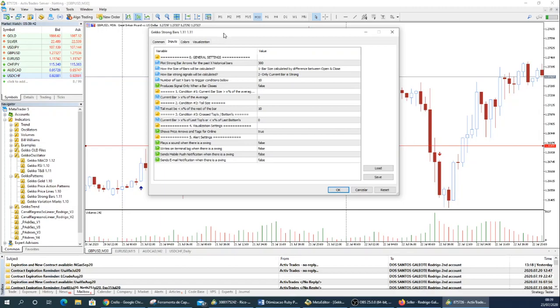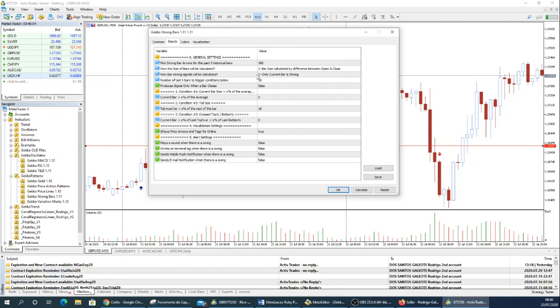And this is actually a good thing, because you're going to be able to configure the indicator based on your risk appetite, how much you want to be exposed, and how much you want to be alerted.